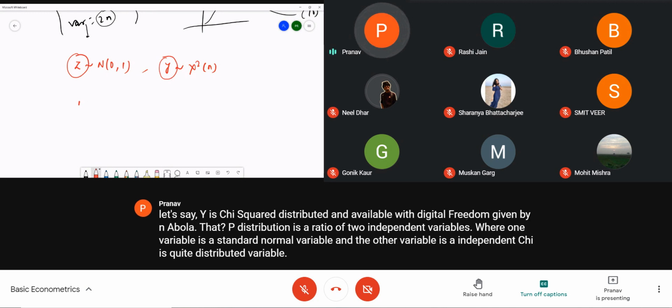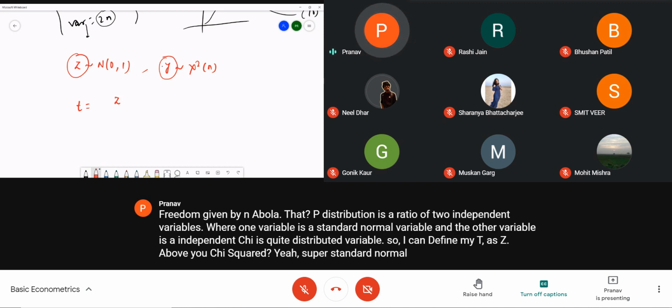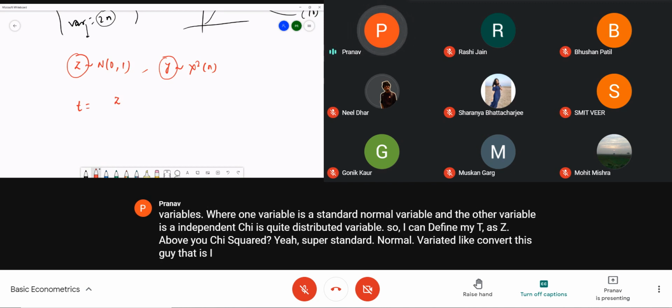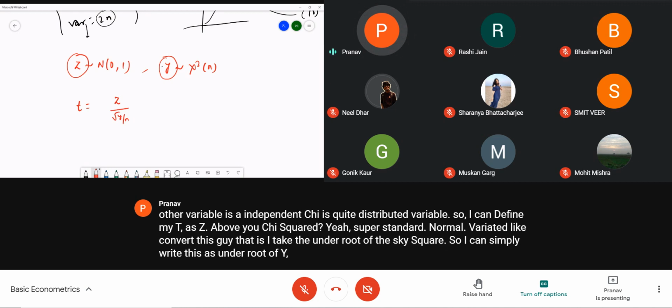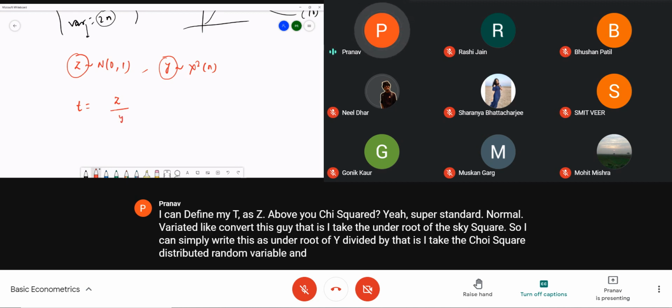So I can define my T as Z upon the square root of Y divided by n. That is, I take the square root of the chi-square distributed random variable after dividing it by its degrees of freedom. So this is my T distribution.